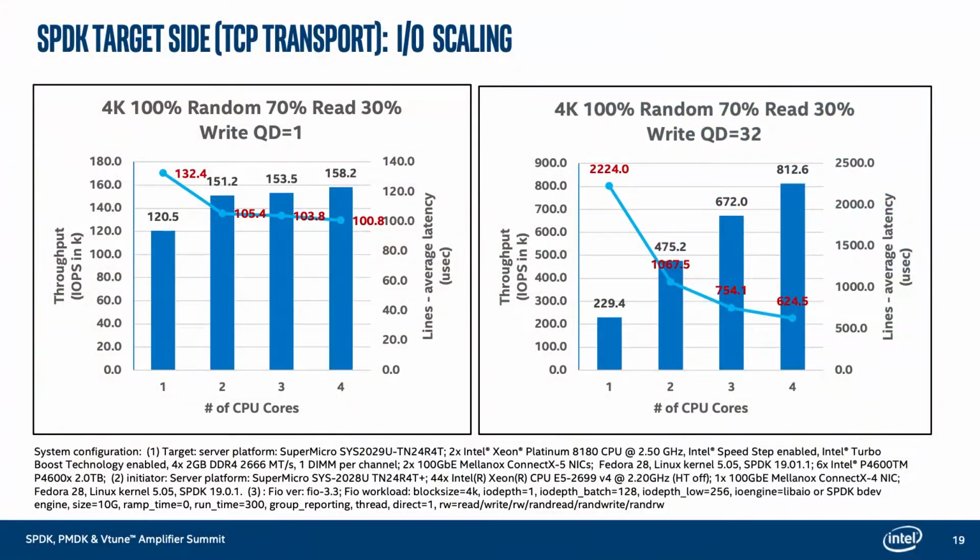And here we show some performance data. I think most of the audience care about the performance. And in this experiment, we used 3 machines which are directly connected without the switches. 1 used as a target and 2 as the initiator.